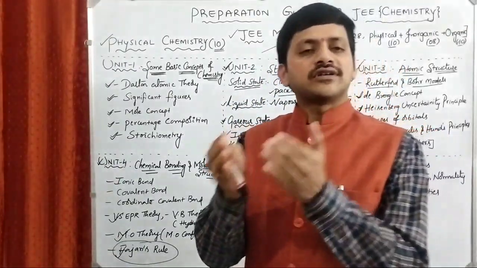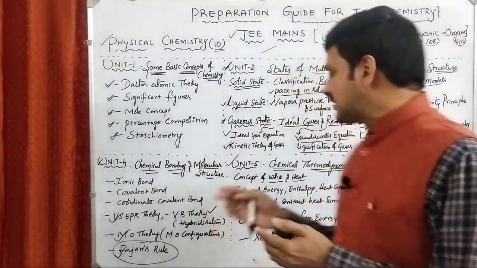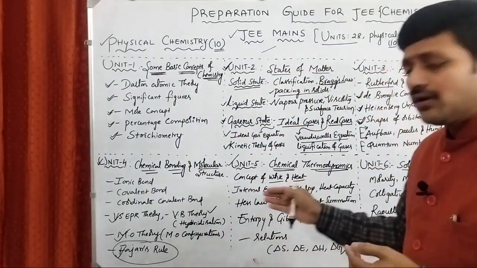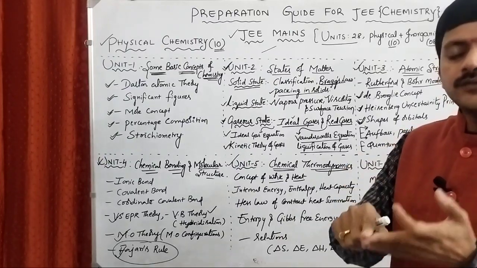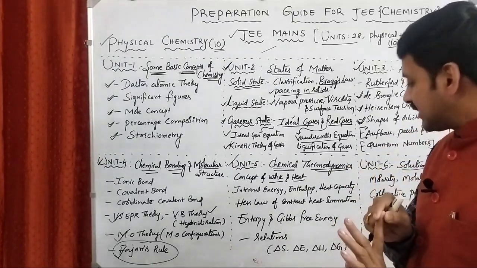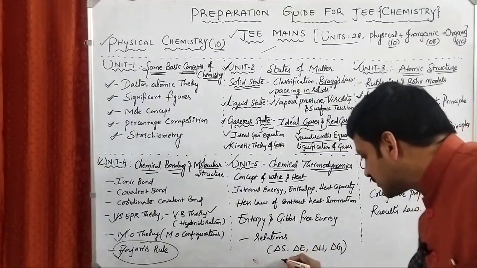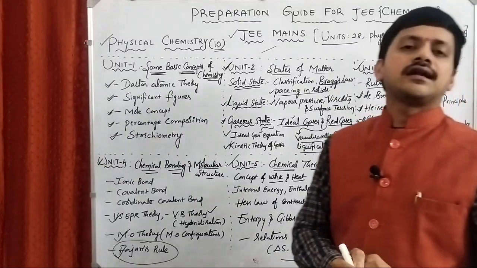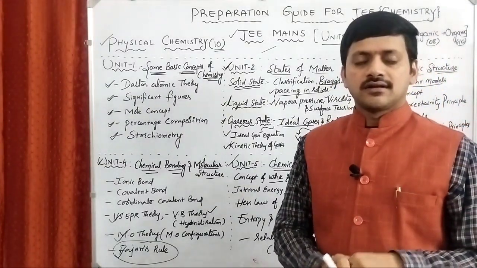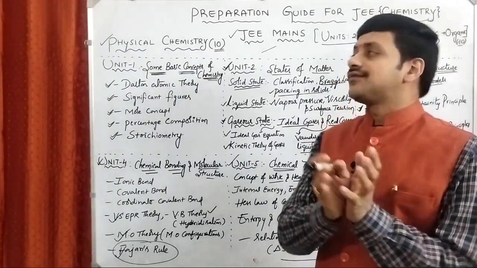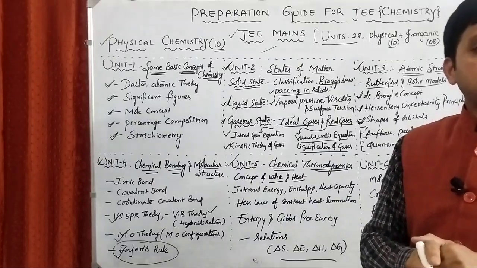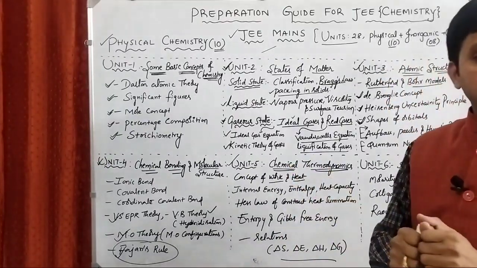So be focused on the first law and second law for these four important components: entropy, enthalpy, Gibbs free energy, and internal energy, and their relations, how they are interrelated to each other. This amount of information is sufficient for the purpose of JEE Mains from unit 5.